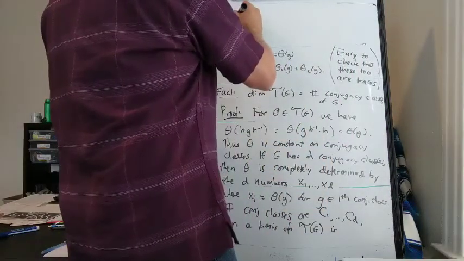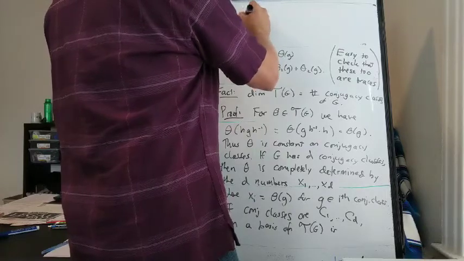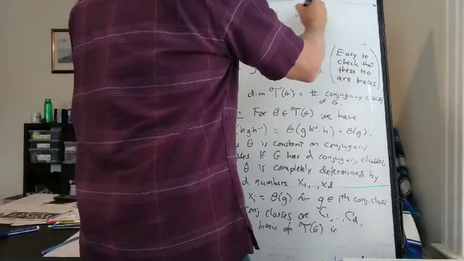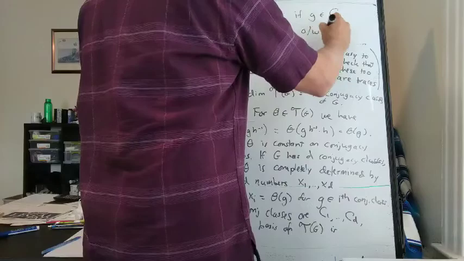So let's say psi i of G equals 1 if G belongs to the ith conjugacy class and 0 otherwise.